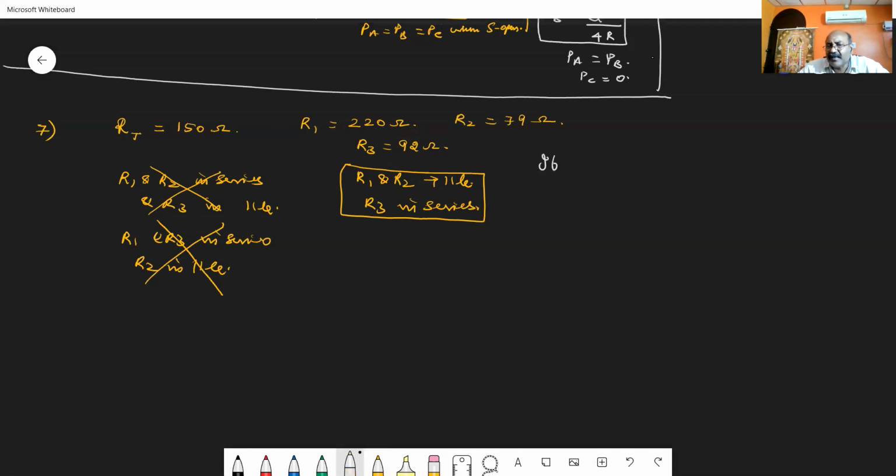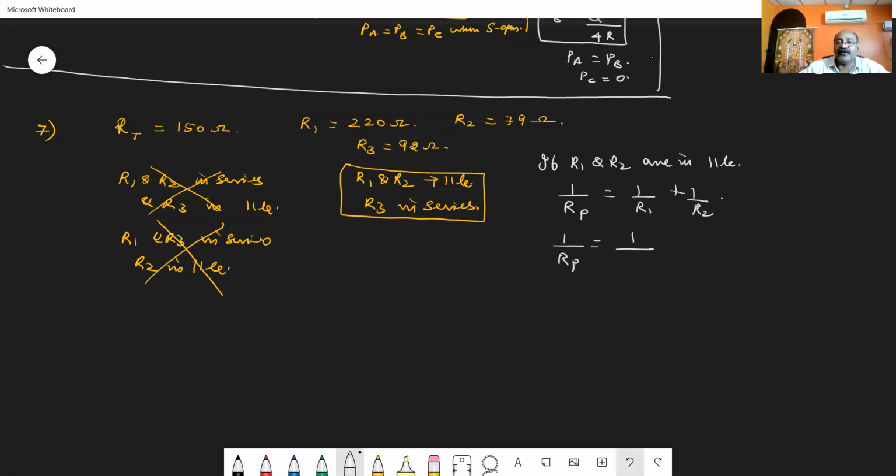If R1 and R2 are in parallel, what will happen? Then I can write 1 divided by Rp equals 1 by R1 plus 1 divided by R2. You simplify: 1 divided by Rp equals 1 by, what is the value of R1? 150, sorry, 220.